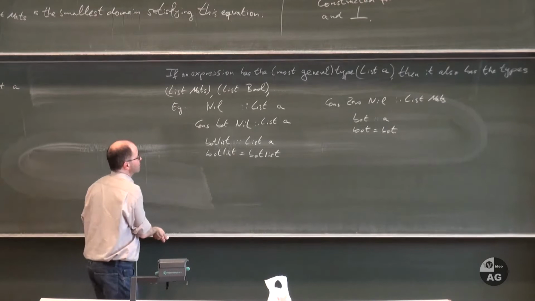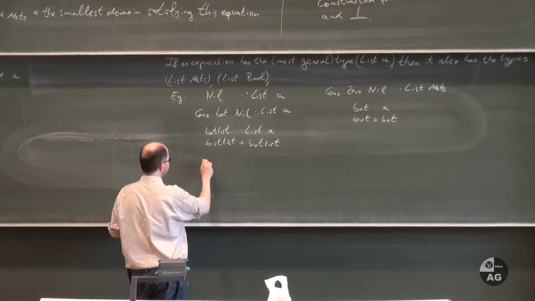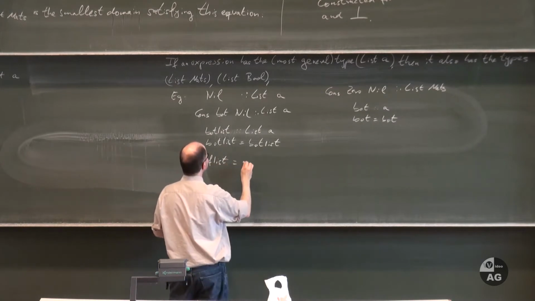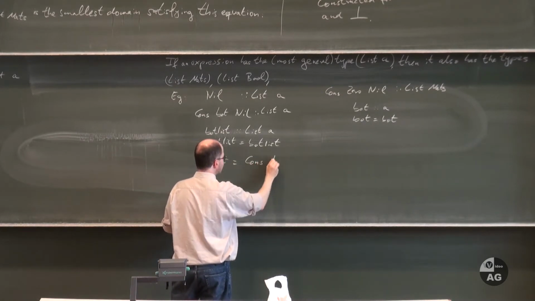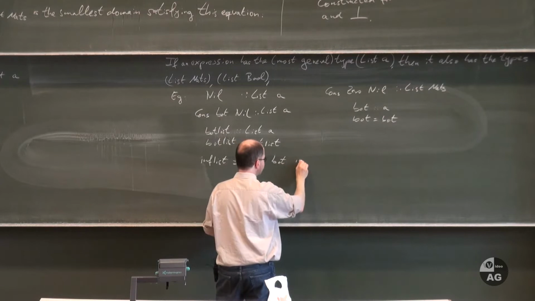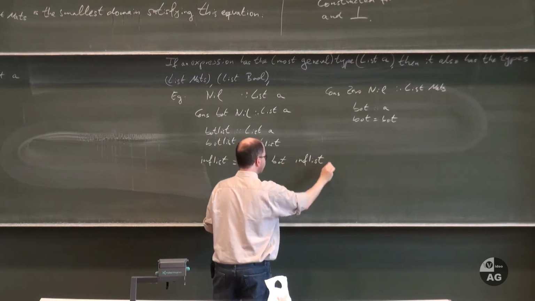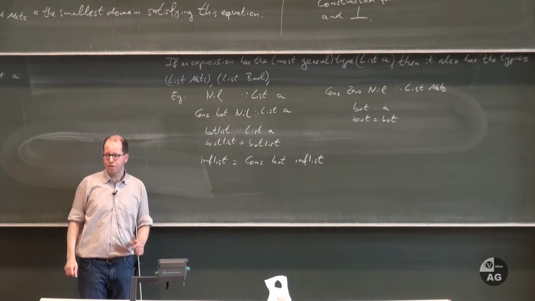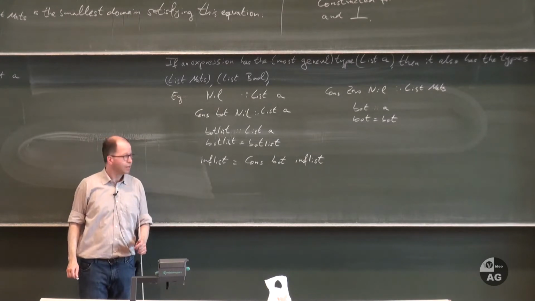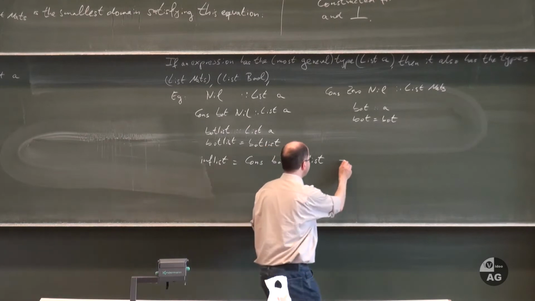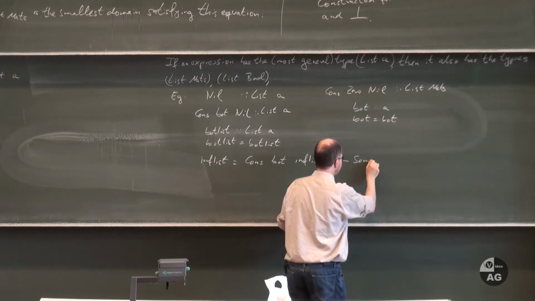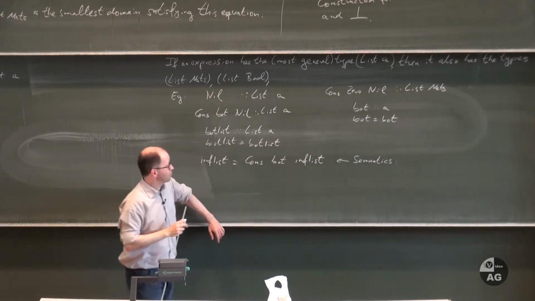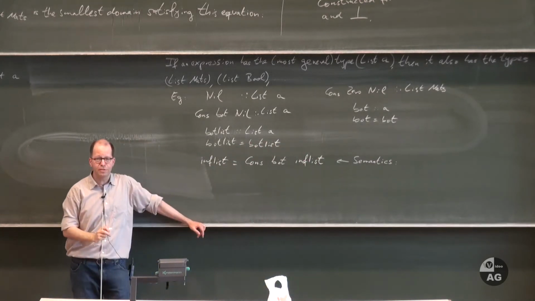Or if I define something like inf list, which is cons bot inf list, this also has the type list A, right? What will be the semantics of this thing? So to which element from the domain will this inf list be mapped?